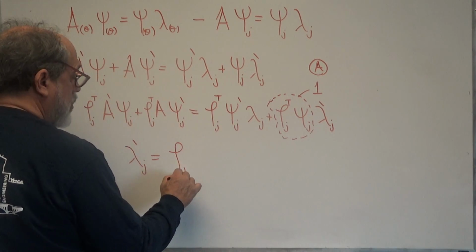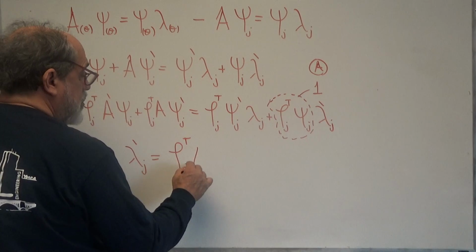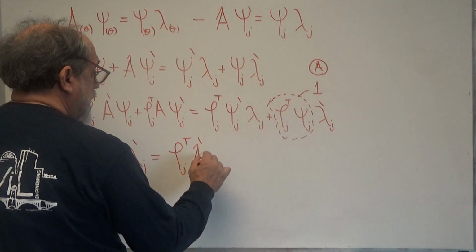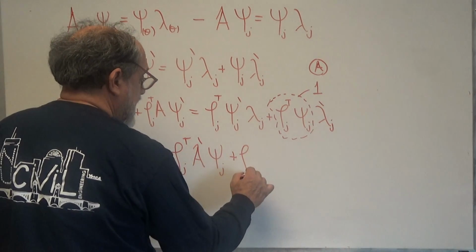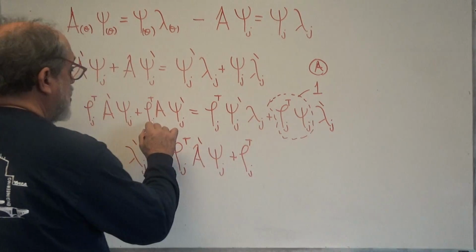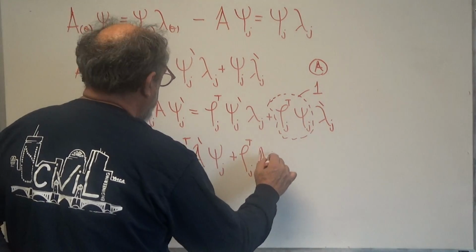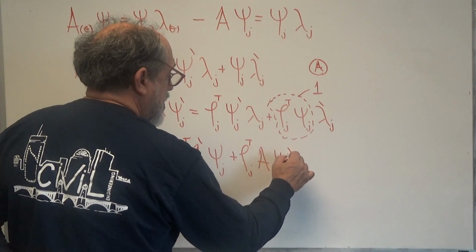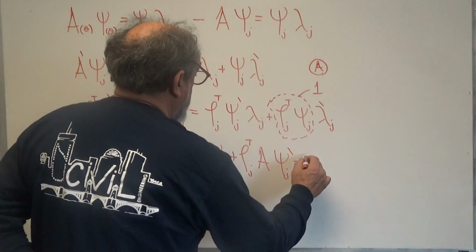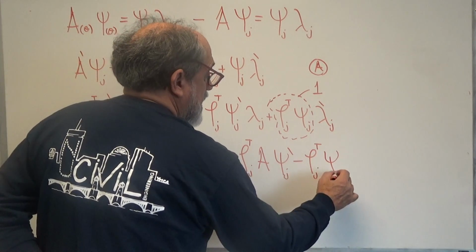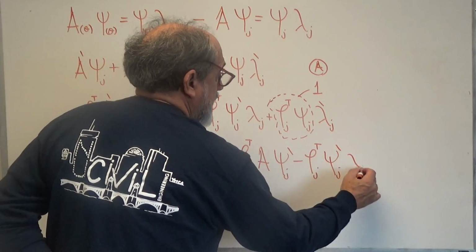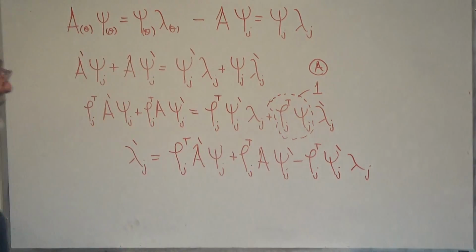And that's rho j transpose times a prime times phi j plus cj transpose times a times phi j prime minus phi j transpose phi j prime times lambda j, right? That's the equation up to there.